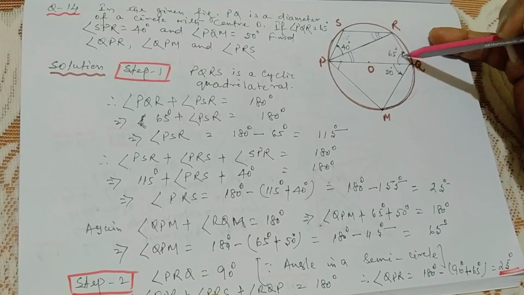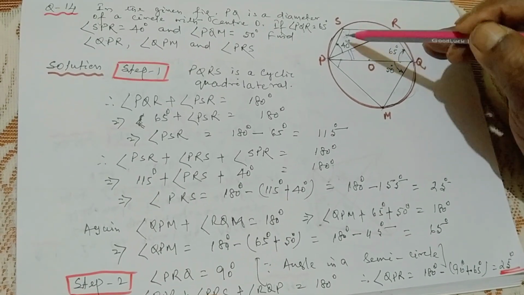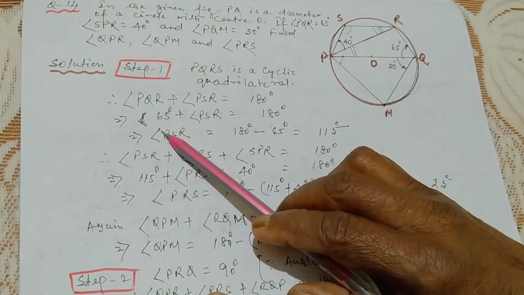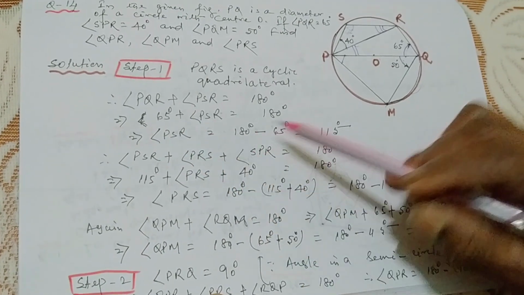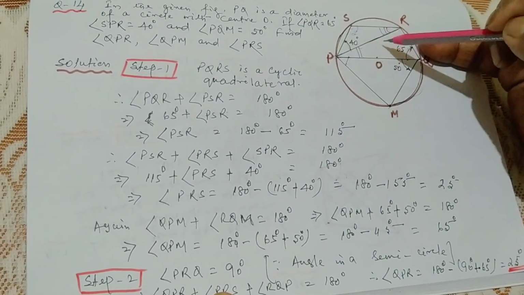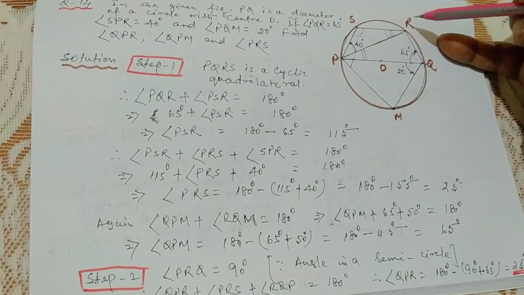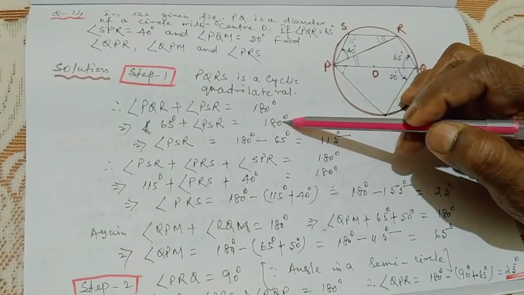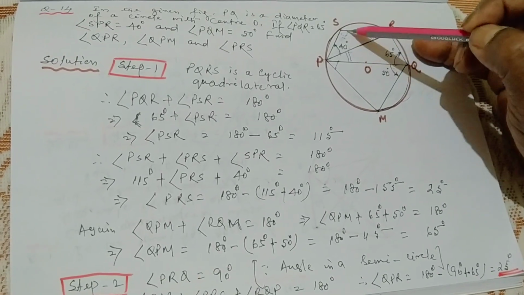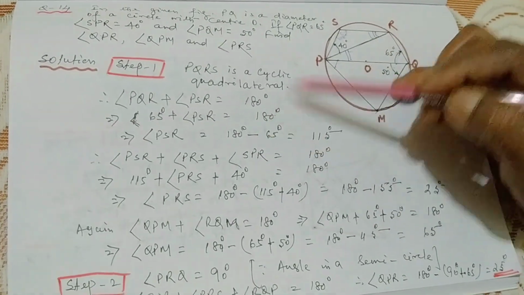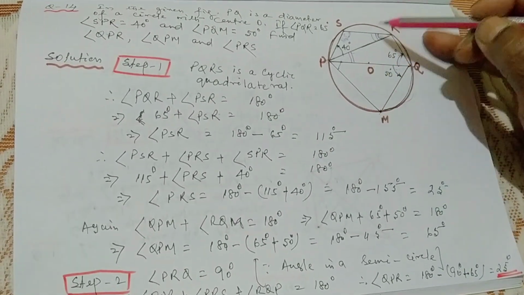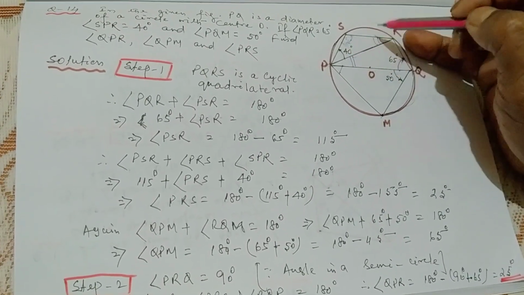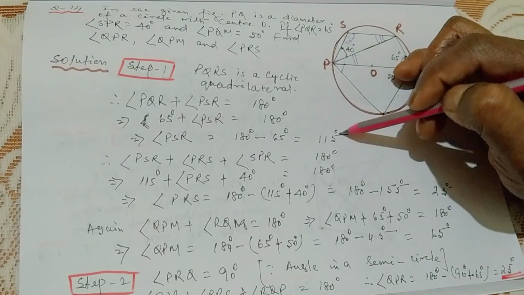That is why the value of these two angles is equal to 180. Or 65 degree plus angle PSR is equal to 180. Now angle PSR is equal to 180 minus 65, so that is equal to 115 degree. The value of this angle is equal to 115 degree.